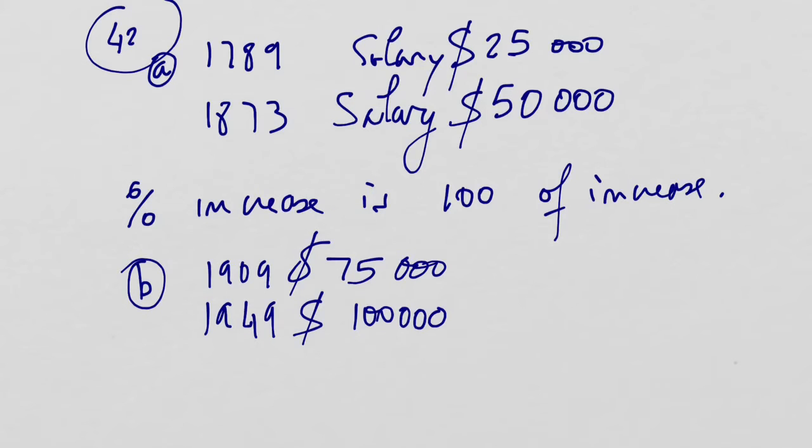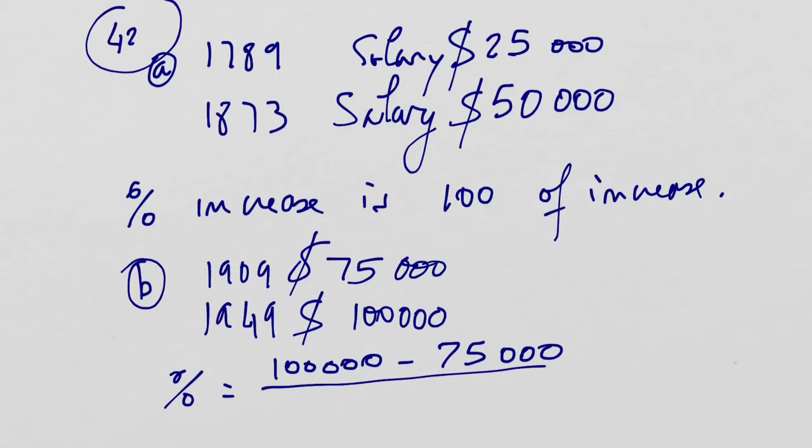So the percent increase is going to be 100,000 minus 75,000 divided by 75,000. And we got 33.3%.